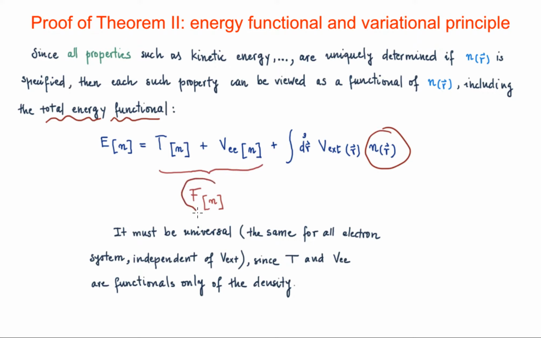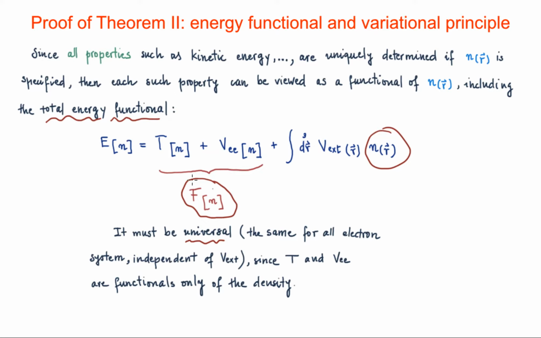And this functional here, the one that does not include the external potential, must be universal in the sense that it should be the same for all electron systems, independent of the external potential, because it has no contribution associated with the external potential. That contribution is coming here.